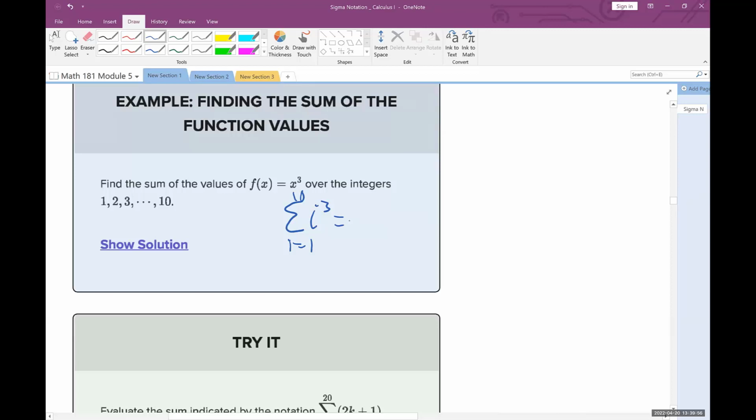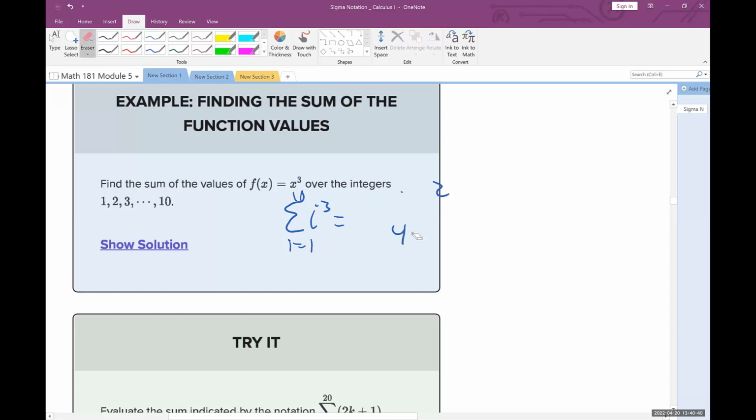Excuse me. So what's the formula for that? What's the formula for a sum of a cube? n squared times n plus 1 squared divided by 4.